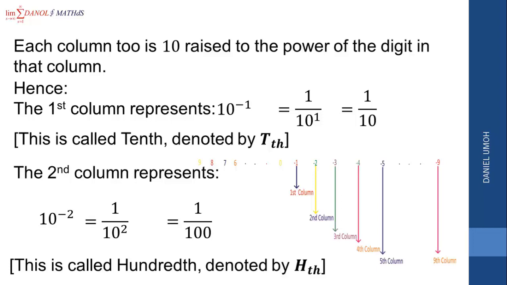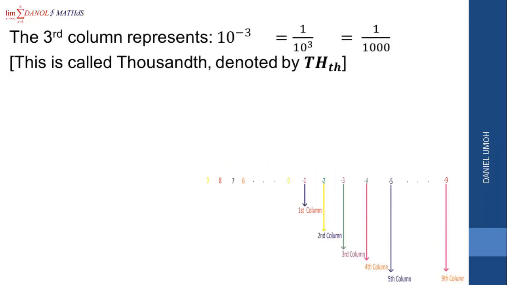Okay, let's look at the third column. The third column represents 10 raised to the power of -3, because -3 is in the third column. That means 10 raised to the power of -3 is equal to 1 over 10 raised to the power of 3. The minus stands for 1 over, and then we bring down 10 raised to the power of 3. That gives us 1 over 1000, because 10 raised to the power of 3 is 1000.